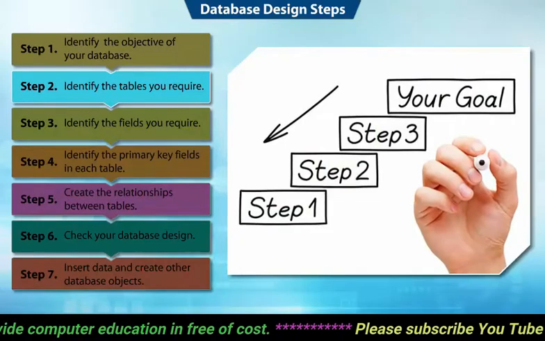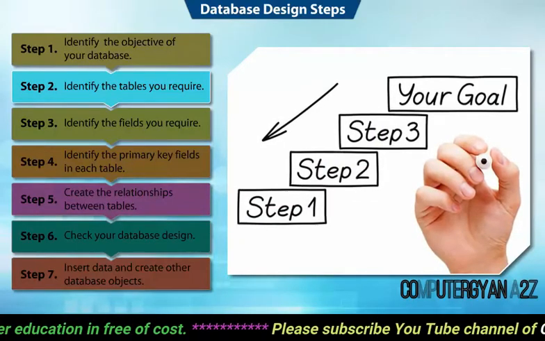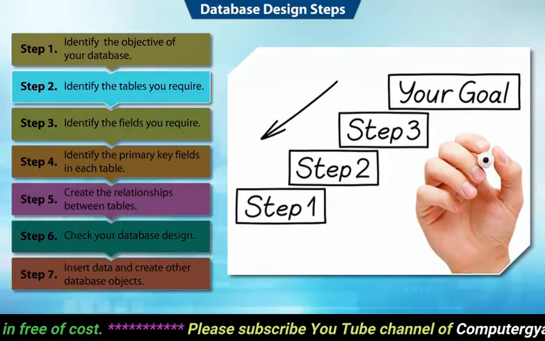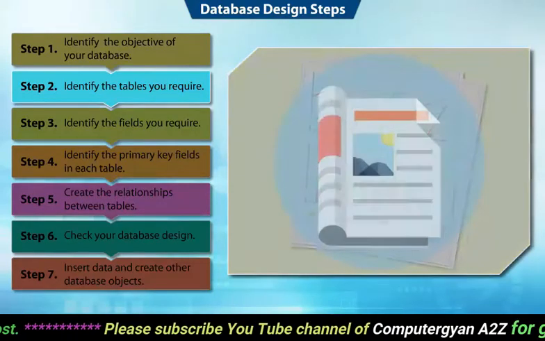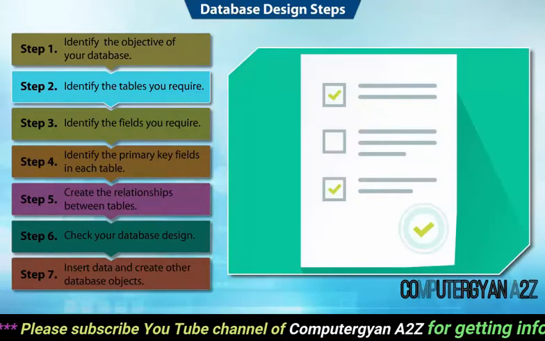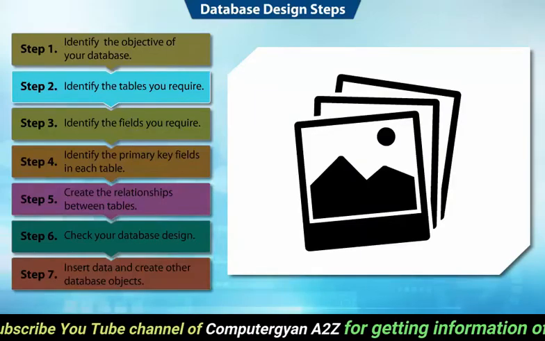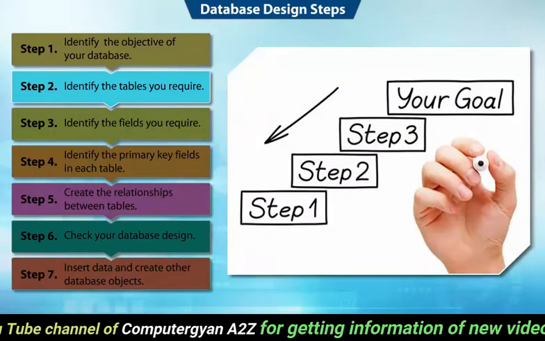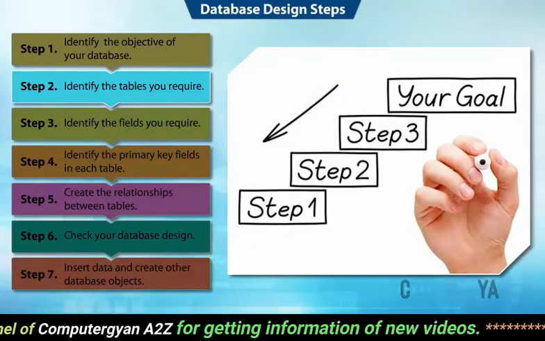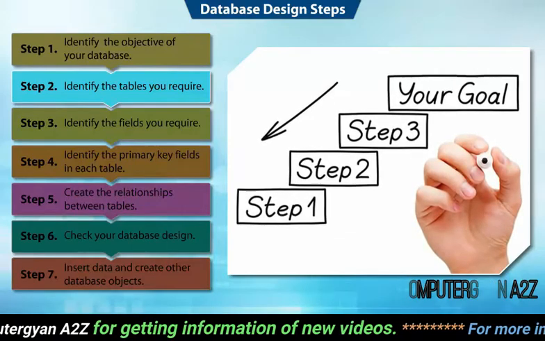You will need to think carefully about the output you want your database to produce. The reports, articles, forms, or pictures that you want to see. Then calculate backwards to find what you need to use to get that output.